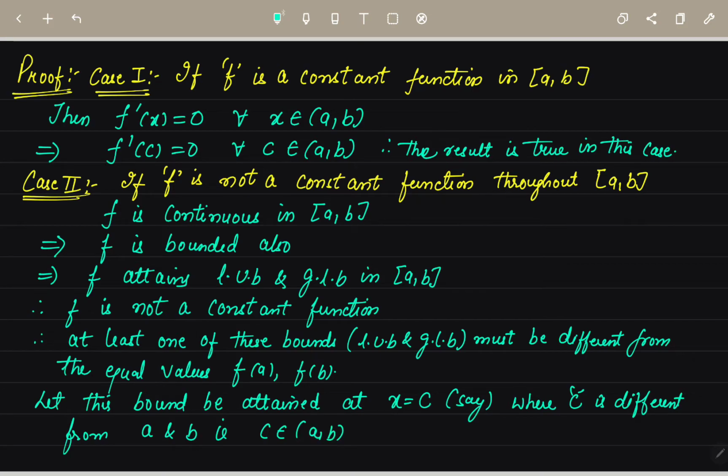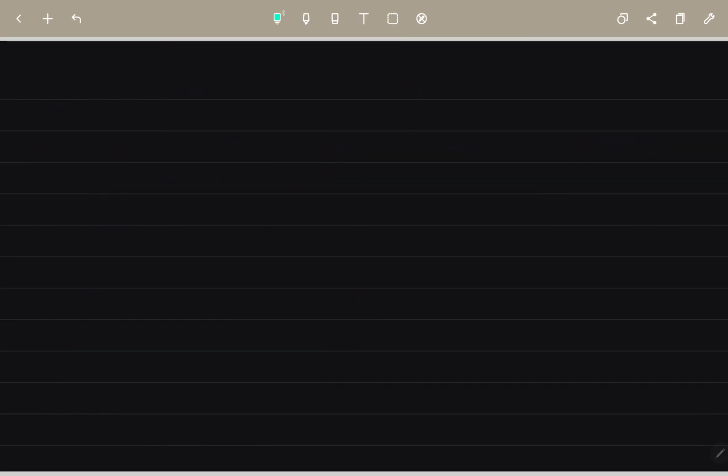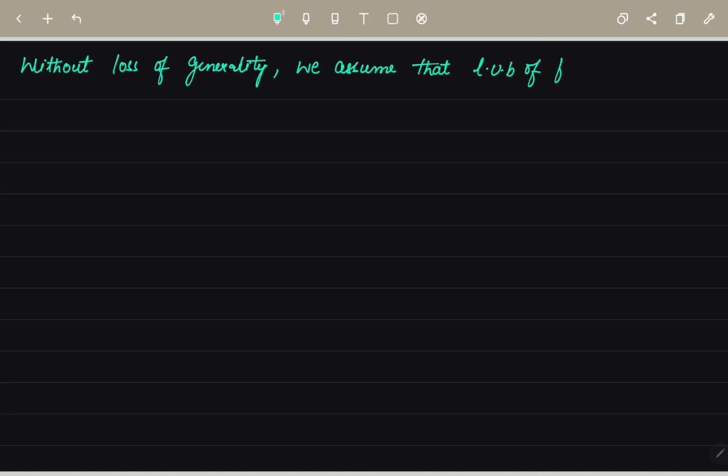Okay, so now what happens? I will write, without loss of generality, we assume that this least upper bound of this function f is attained at x is equal to c.